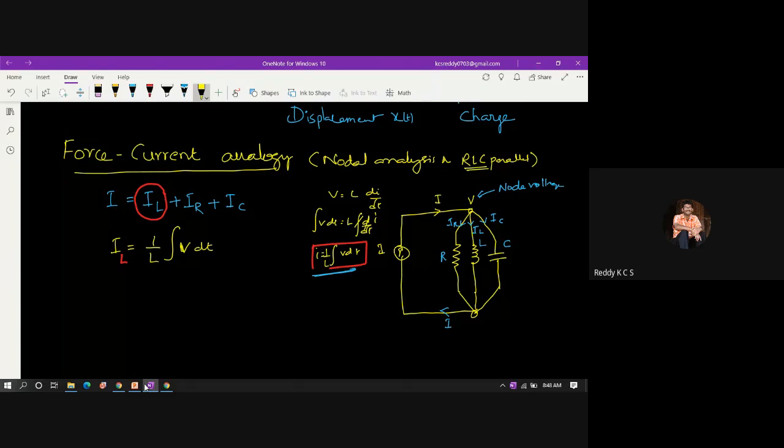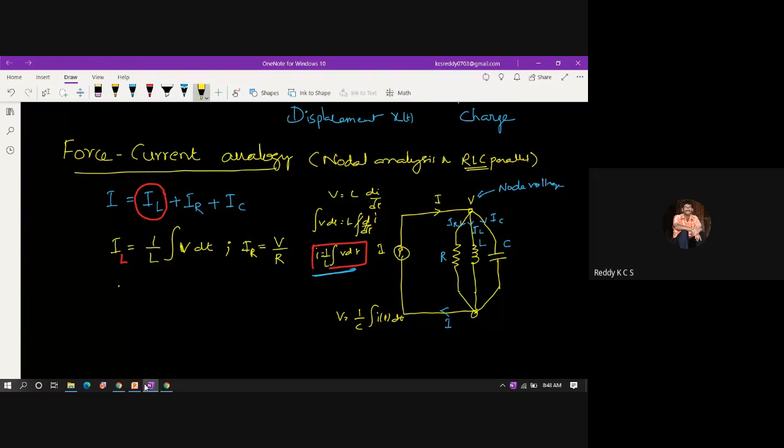Similarly, I can find IR. The current through the resistor: V is equal to IR, so IR is equal to V by R. For the capacitor, we know that voltage is equal to 1 by C integral of i of t dt.